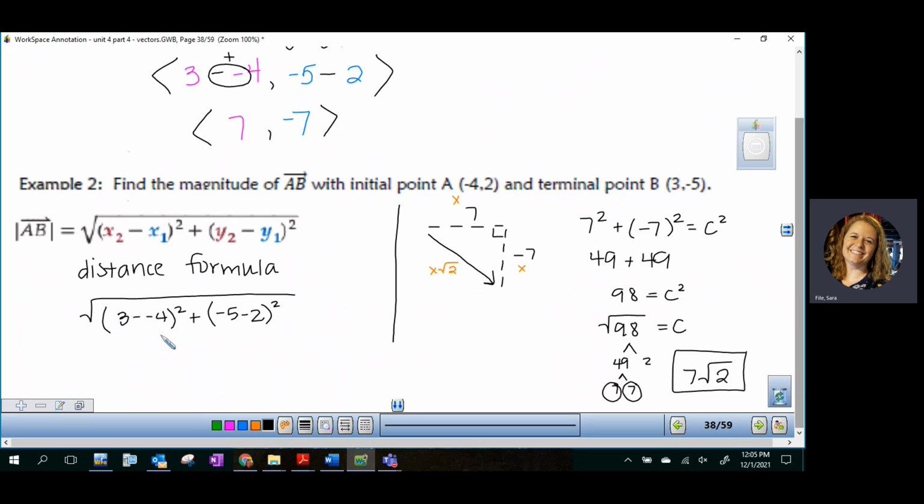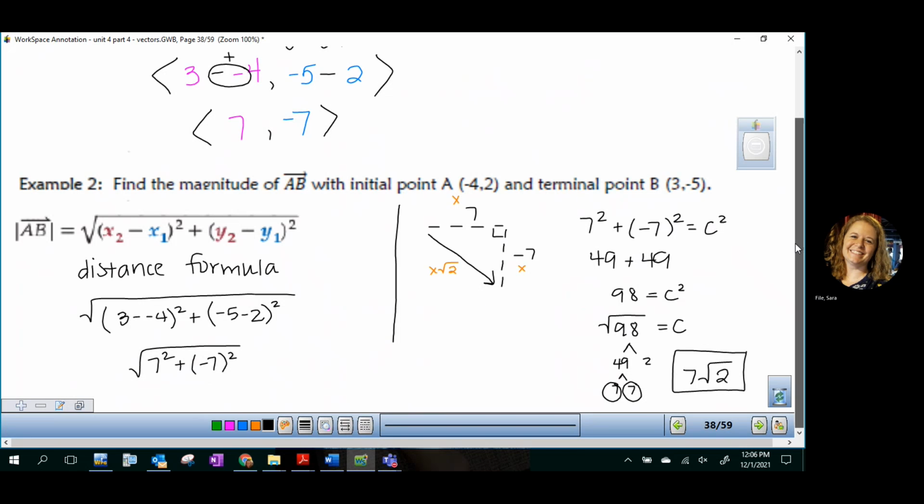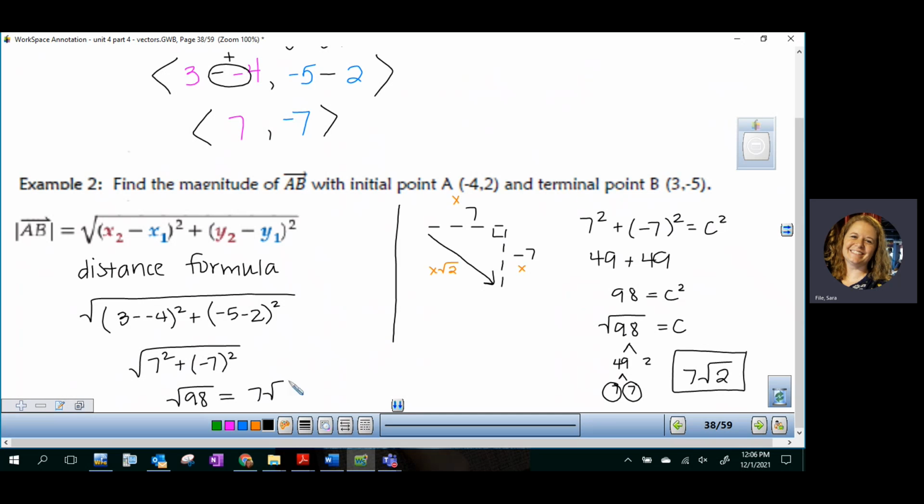And in the parentheses there, that's what we already did in the previous example to get 7 and -7. So we jump to 7 squared and -7 squared under the radical. And now we're in the same boat we were over here, right? 49 and 49 adds to 98. So we're at the square root of 98, which we already reduced over there to 7 root 2.